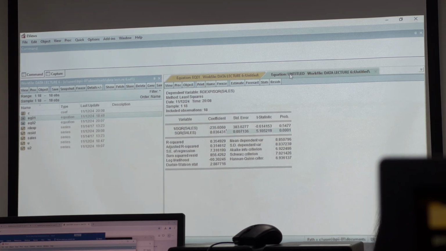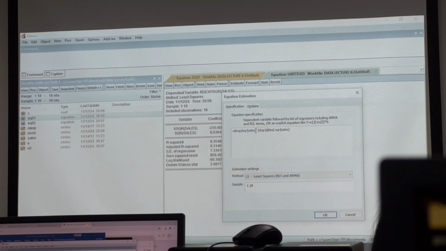So let's say it is proportional to sales squared, so we re-estimate by dividing by sales instead of square root of sales.